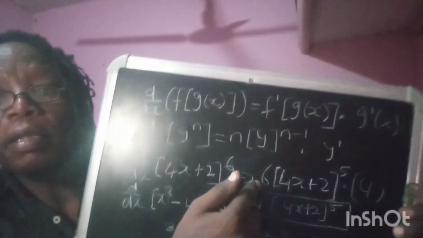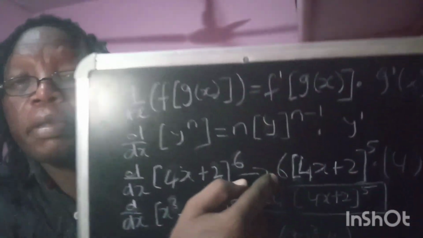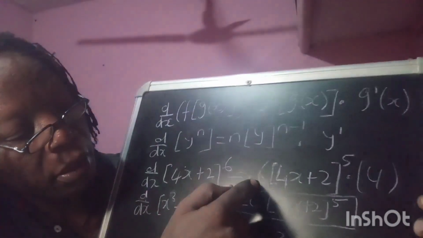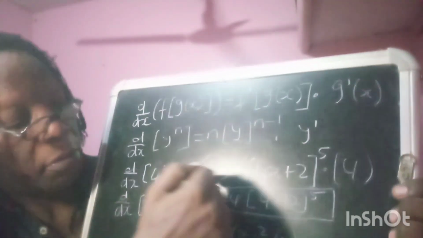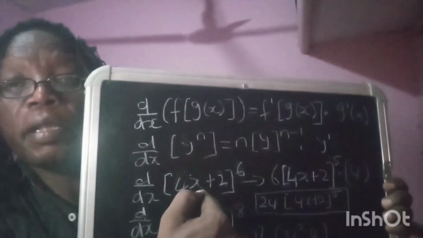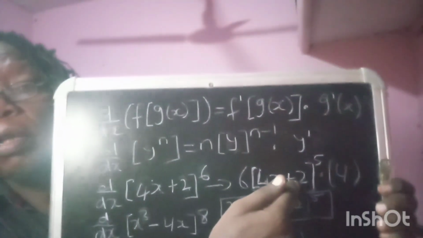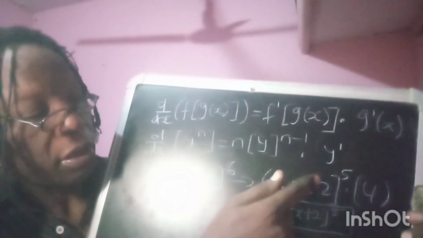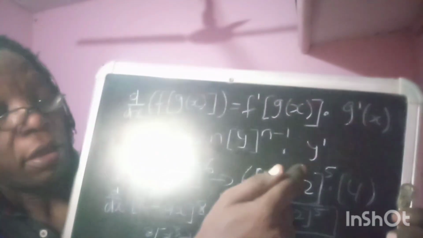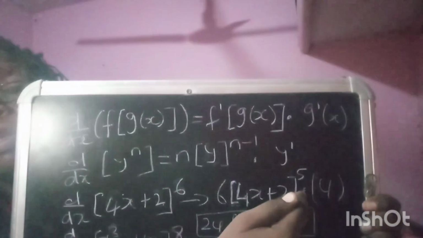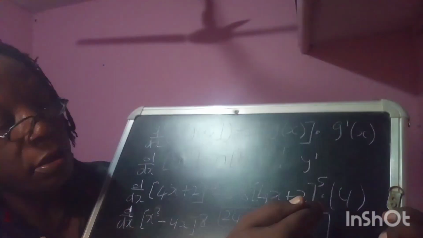According to power rule, 6 is going to come in front, and then the inside remains the same. We have written it as 4x plus 2, and then for the 6 we have subtracted 1 according to these formulas, and then we've gotten 5 here.